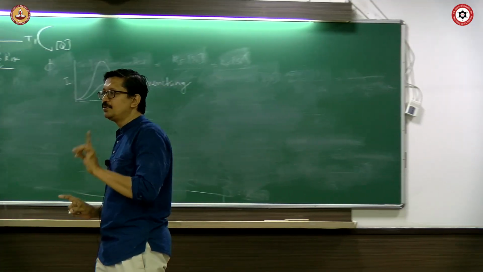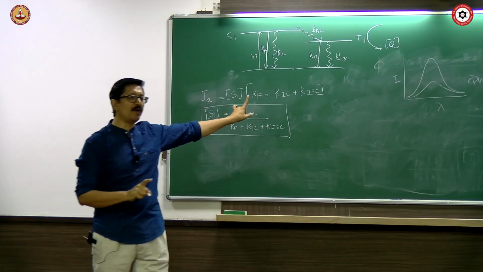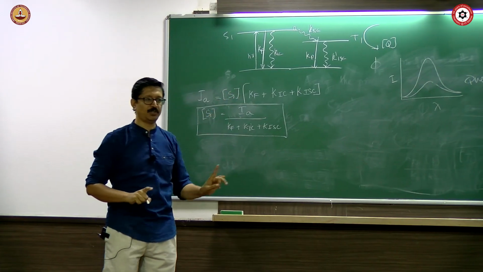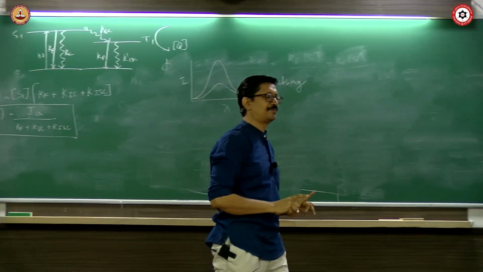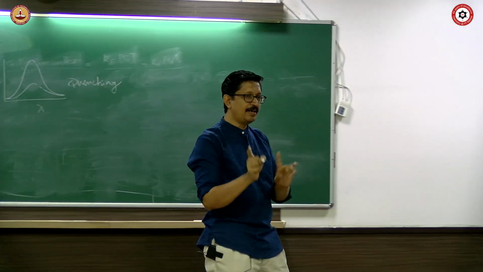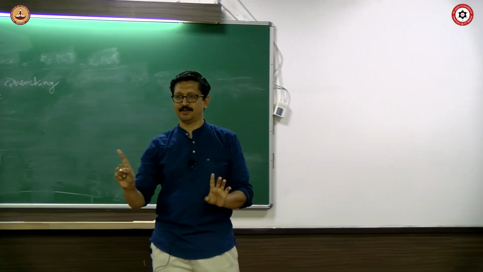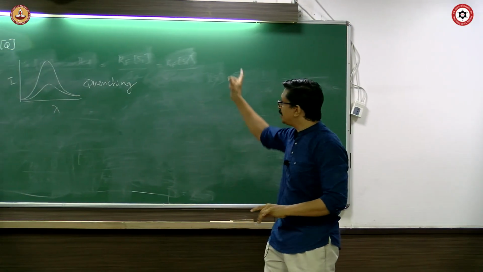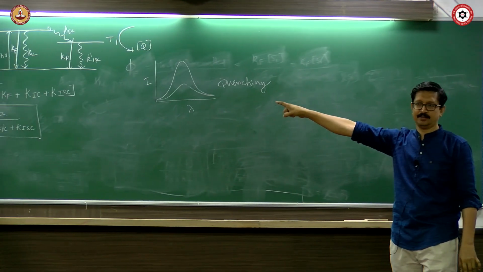What I want you to do is think and then write the steady state expression for T1 in the presence of the quencher. In the earlier case, in the absence of quencher, you have an expression. Now I am putting another scenario where I am adding a quencher, and that quencher is reacting with T1.